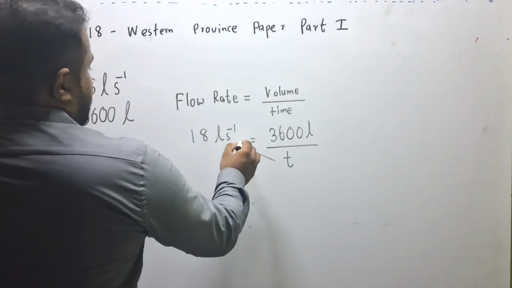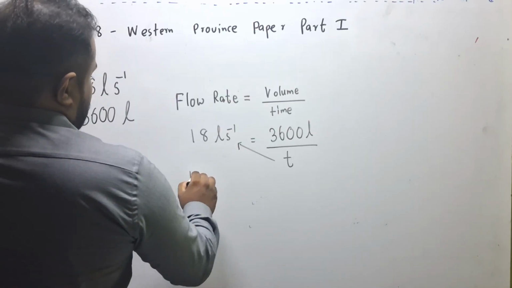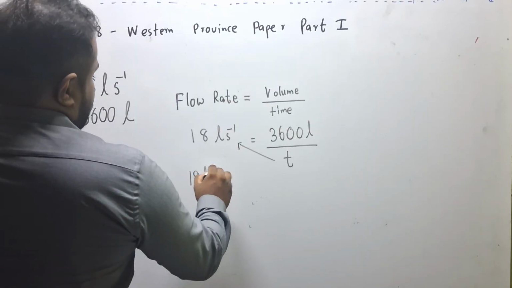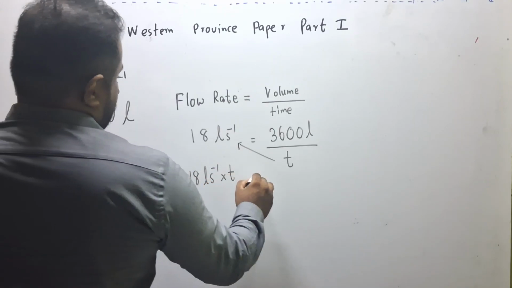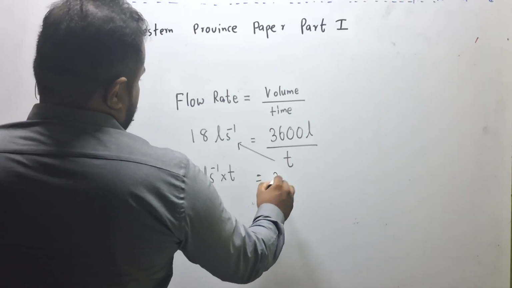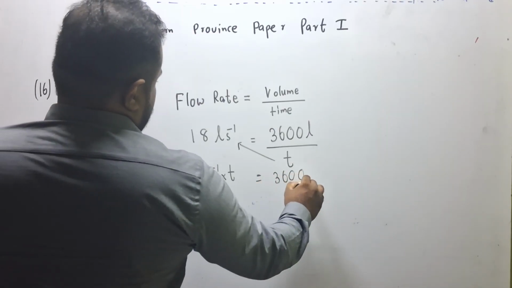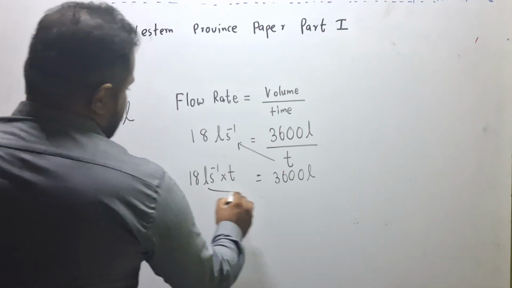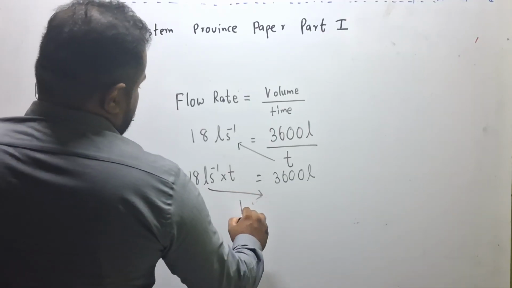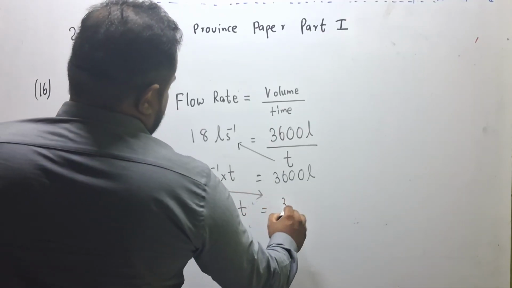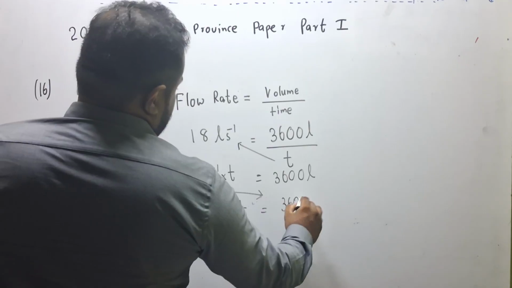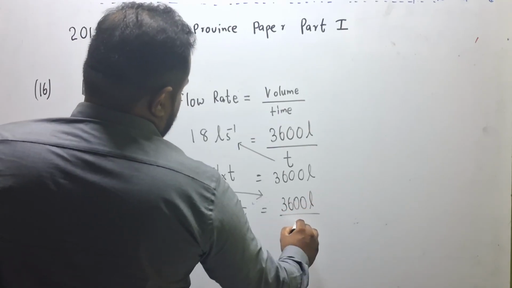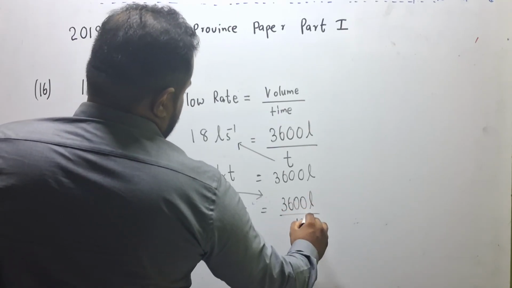And cross multiply T to the other side. So 18 liters per second times time equals 3600 liters. Cross multiply 18 liters per second to the other side. T equals 3600 liters divided by 18 liters per second.